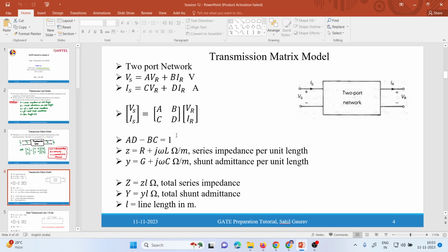This is one of the important properties of ABCD parameters. As shown in the first slide, small z is r plus j omega l, the series impedance per unit length, and small y is g plus j omega c, the shunt admittance per unit length, where g is the conductance and j omega c you can also say as jb, where b is the susceptance of the line per unit length. Capital Z is the total series impedance, and capital Y is the total shunt admittance.